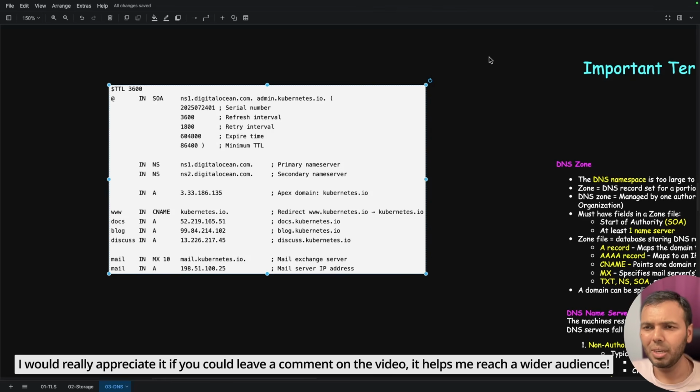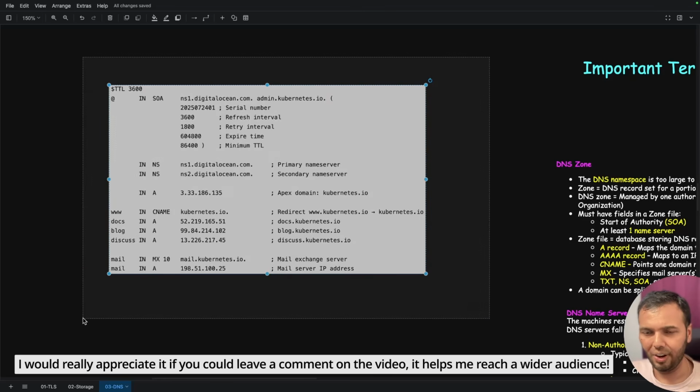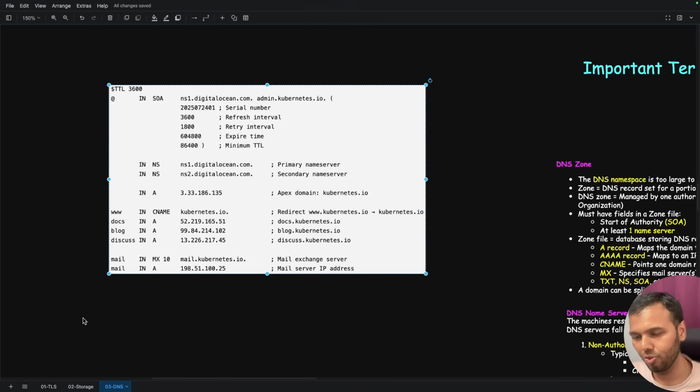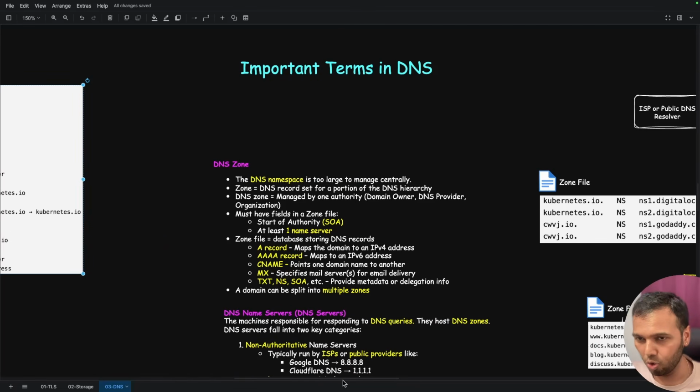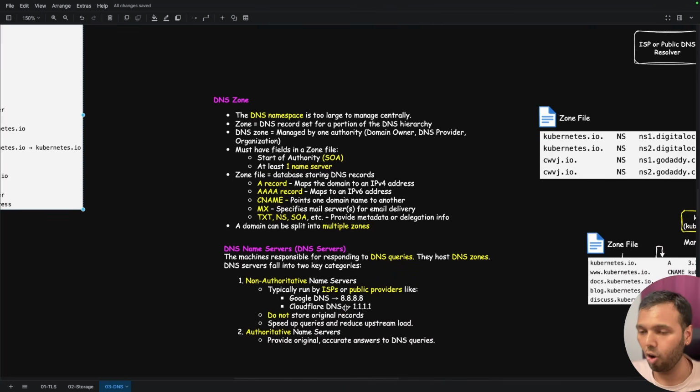So this is a minimalistic zone file, and this is not the actual zone file for kubernetes.io. I am just using this as an example. I hope you have understood DNS zones, DNS zone files, and DNS name servers. These are very important concepts. If you have not understood, then feel free to ask any doubts in the comment section or rewatch this video.